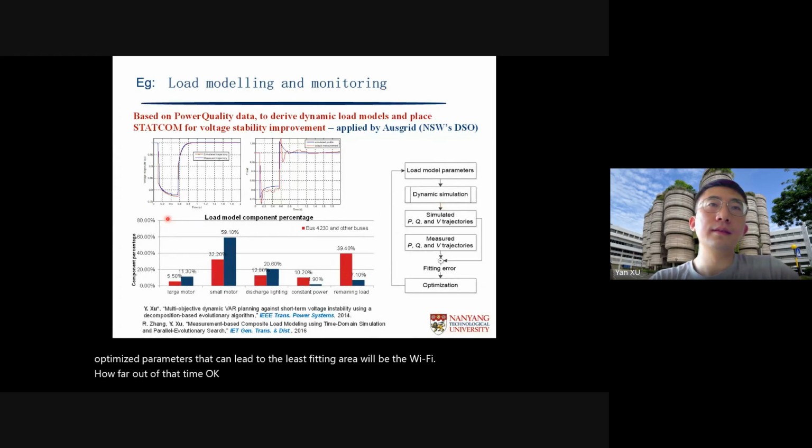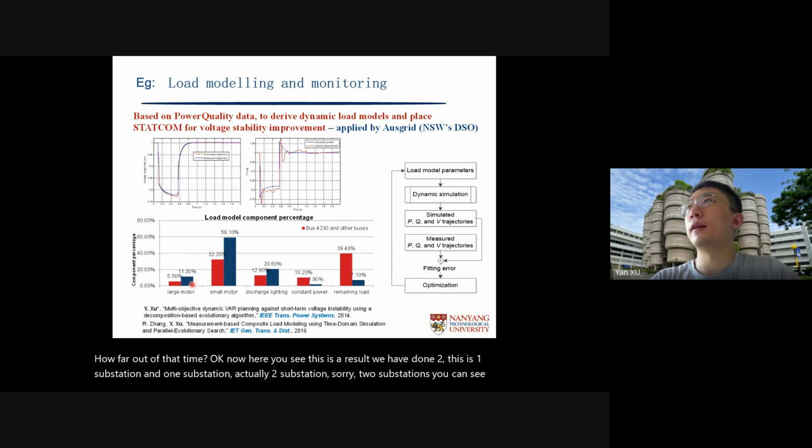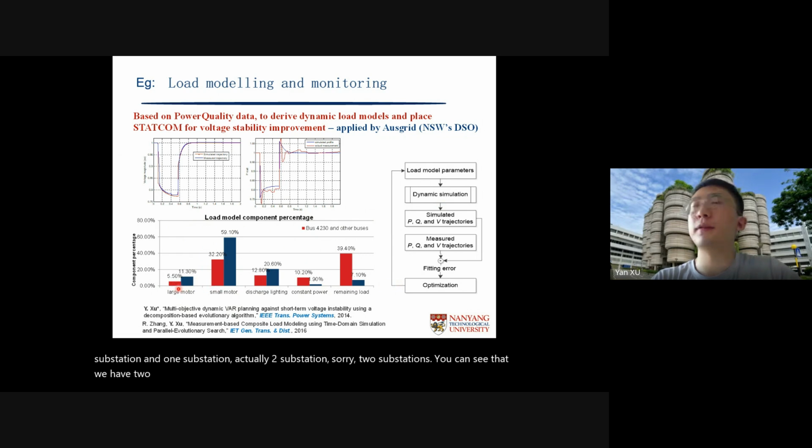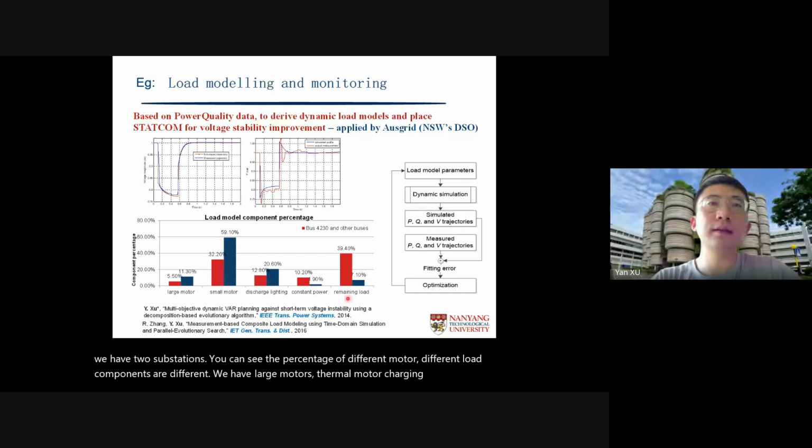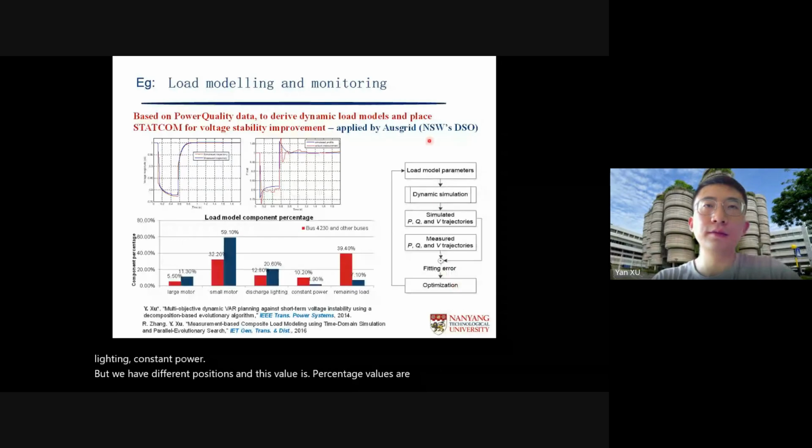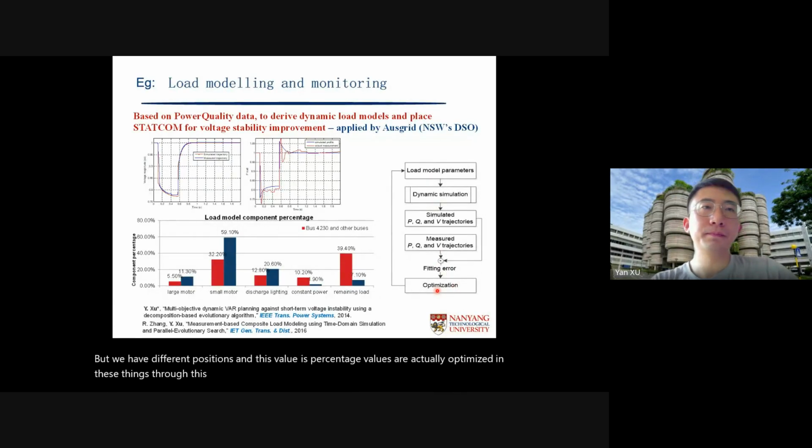Here you can see the result. We have done this for two substations. You can see the percentages of different load components are different. They have large motor, small motor, charging, discharge, lighting, constant power, and remaining loads, with different portions. These percentage values are optimized through this process.